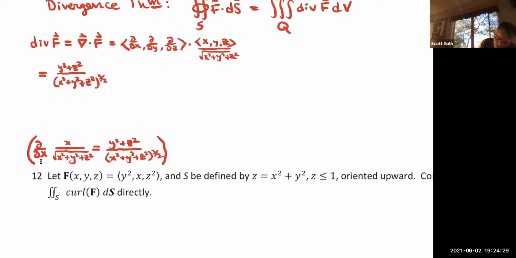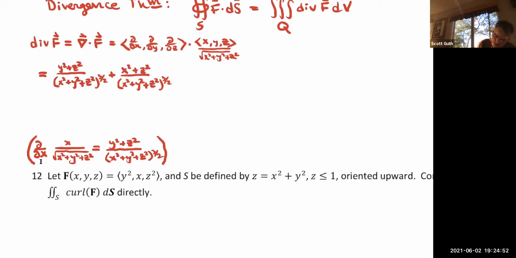Okay, now when you take the partial with respect to y of the component that has a y on top, you'll get something quite similar. The denominator will be the same, but the numerator has the x squared and the z squared, but no y.